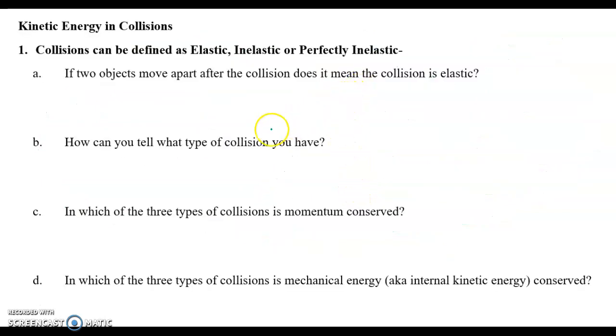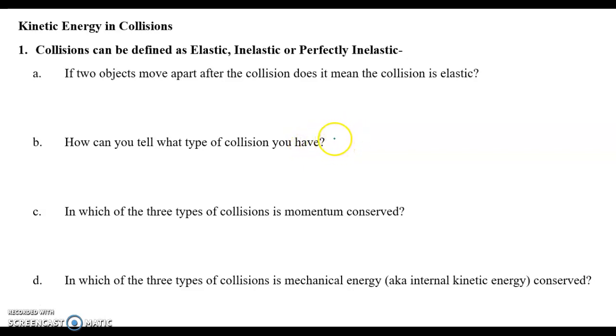All right, so let's review all of our collision information and summarize it here, to make sure everybody's perfectly clear on all of this. If two objects move apart after the collision, does that mean it is elastic? Fill in your answer. These questions are in your packet. How can you tell what type of collision you have?